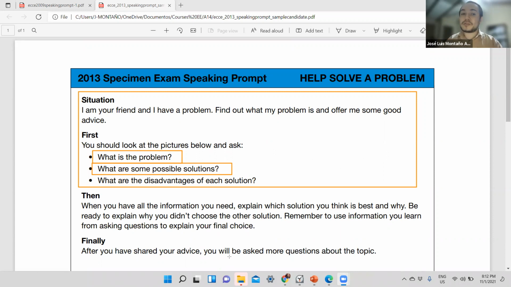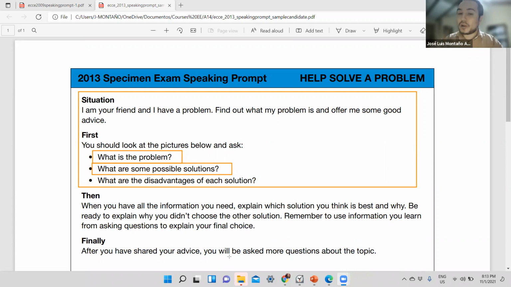Remember, embedded questions are for example, and can you tell me what some possible solutions are, right? Embedded questions, we use different order. Could you please tell me what the problem is? Or, I don't know what the disadvantages of each solution are. Okay, that's embedded question, right? A question inside another question. So try to think of that, Majo.